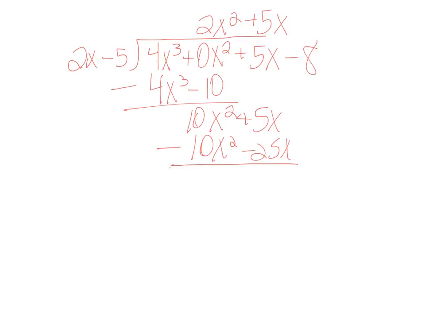Subtract, which makes that positive, so that gives me 30x minus 8. So that would be plus 15, 30x, 15 times 5, 75.